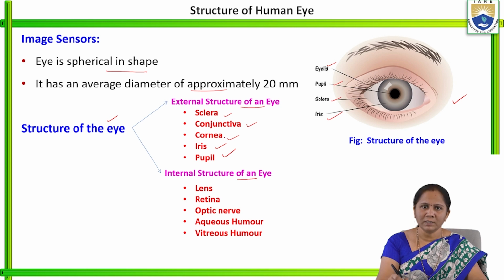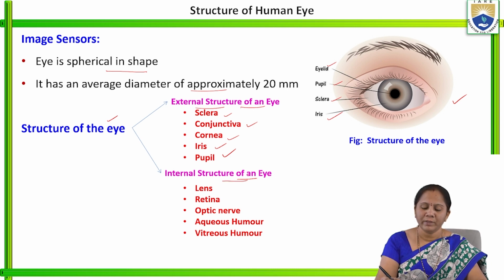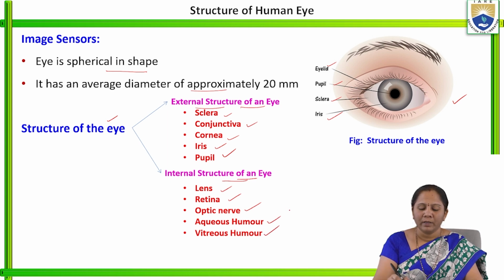We will discuss in detail all these parts and the function of each one. The internal structure of the human eye consists of parts like lens, retina, optic nerve, aqueous humor and vitreous humor. All these parts and their functions we are going to discuss now. So totally these are the external and internal parts of the human eye.